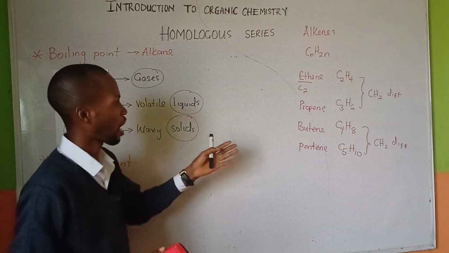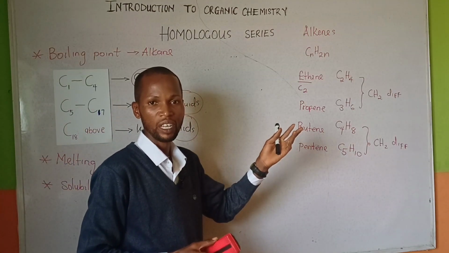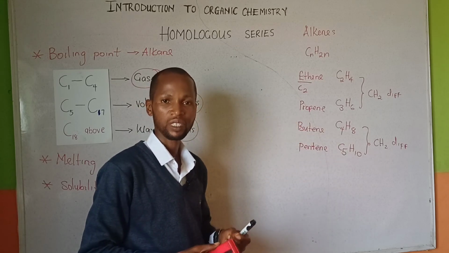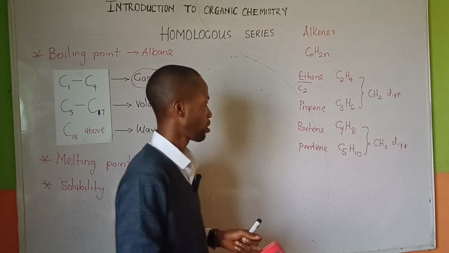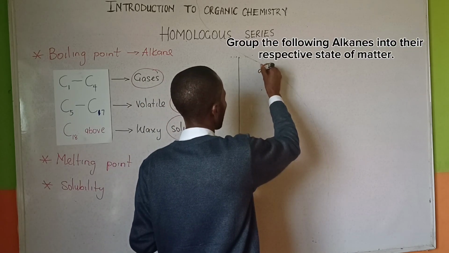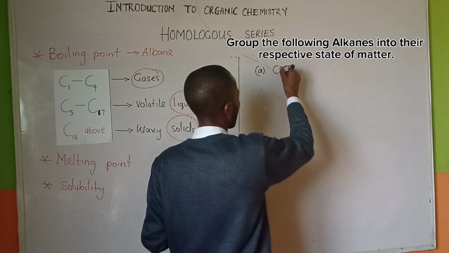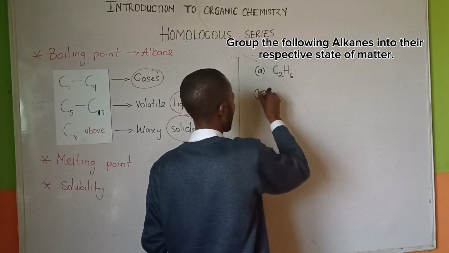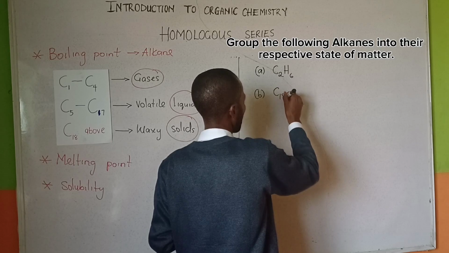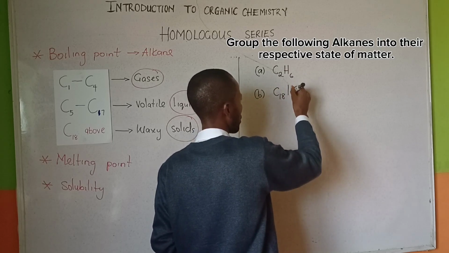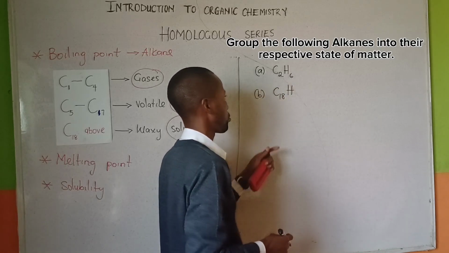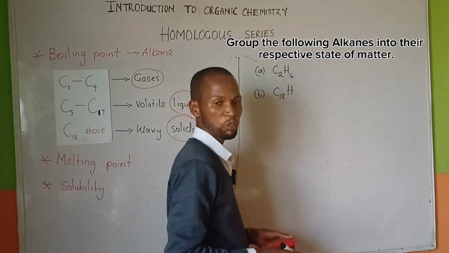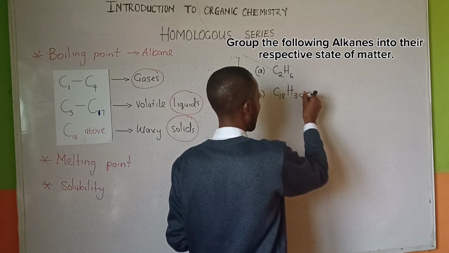Go ahead and group the following alkanes that I'm going to list on the board into their respective states of matter. C2H6, C18, H 2 times 18, that's 36 plus 2, that's 38.